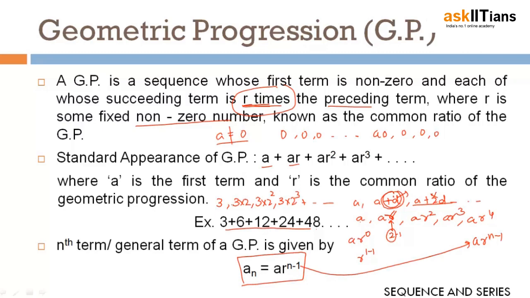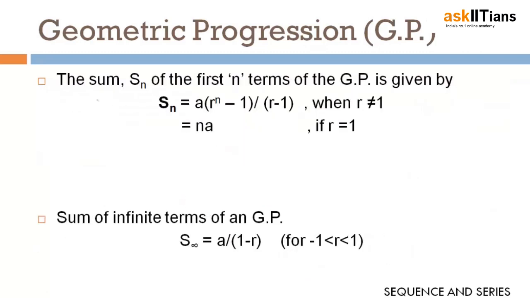Let us have a look at how to find the sum of n terms. This is again very interesting. In AP we exploited that the sum from the back and the beginning was equal. Here we will exploit the fact that the terms are being multiplied by a constant.